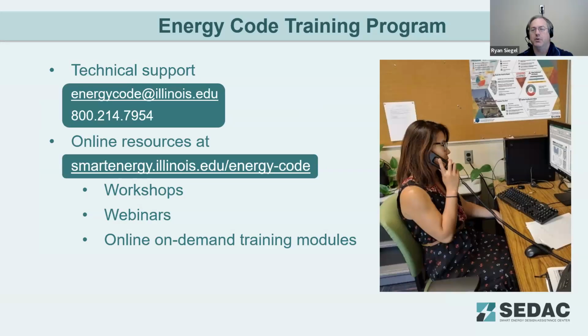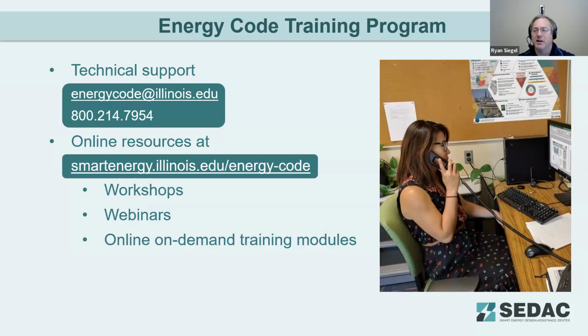Our Energy Code training program has several aspects to it, including our technical support helpline, energycode@illinois.edu. So if you come across questions, feel free to reach out to us at energycode@illinois.edu. We do have an 800 number for your use. If you have just a quick question, like, I remember there was this provision, can you tell me where that's located in the code? You can use our 800 number.